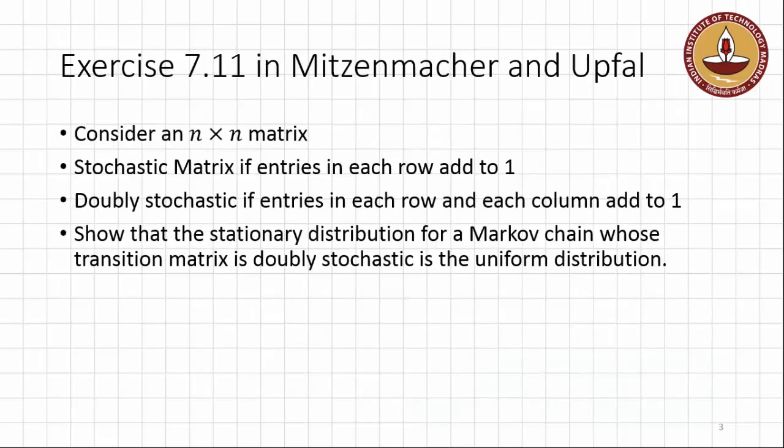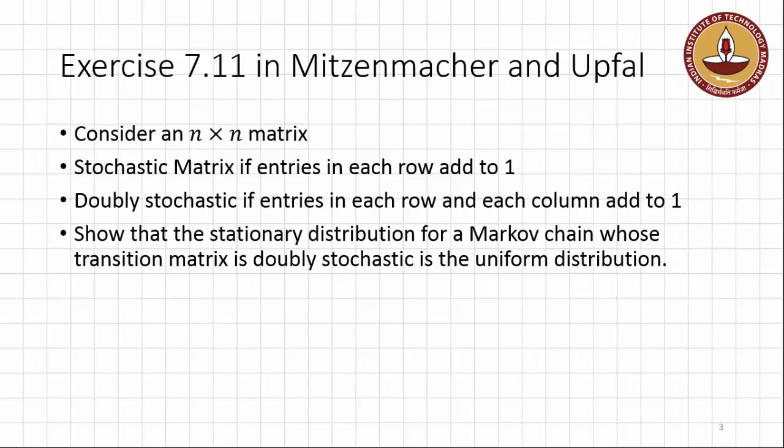Let's start with a few warm-up questions. So here's a question. Consider an n cross n matrix. Now we call such a matrix a stochastic matrix if entries in each row add up to 1.